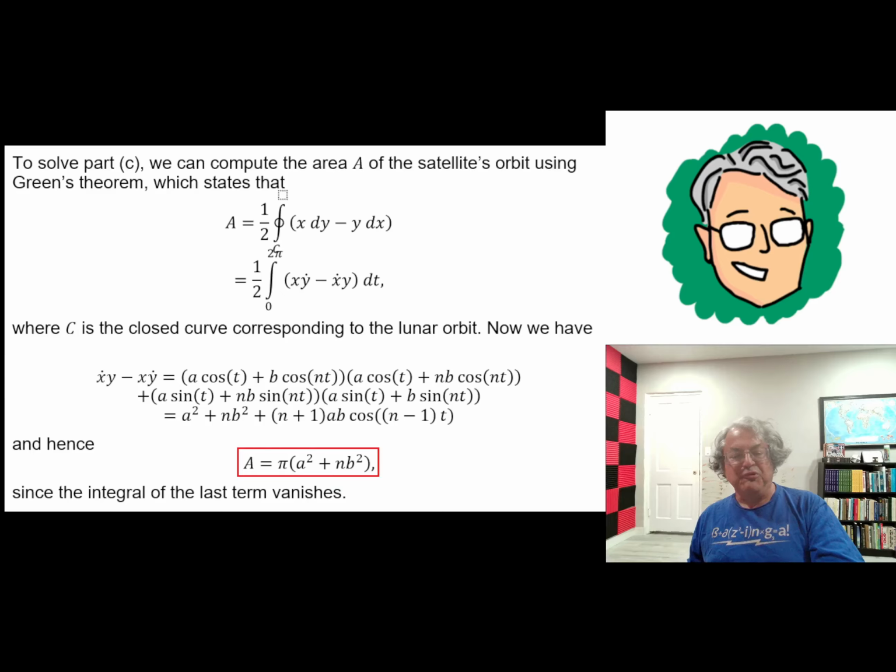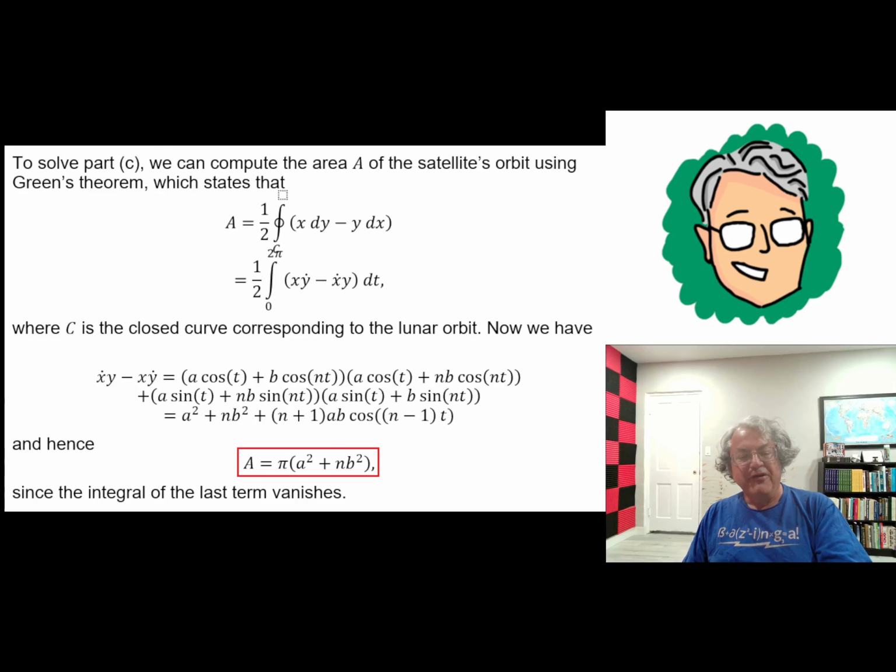That's still kind of an ugly expression, but we're integrating this thing, t going from 0 to 2 pi, and we really don't care about the last term because that integrates to 0 for the same reason I was talking about before: the average value of a cosine is 0. And remember we have this factor of 1/2 outside the integral.